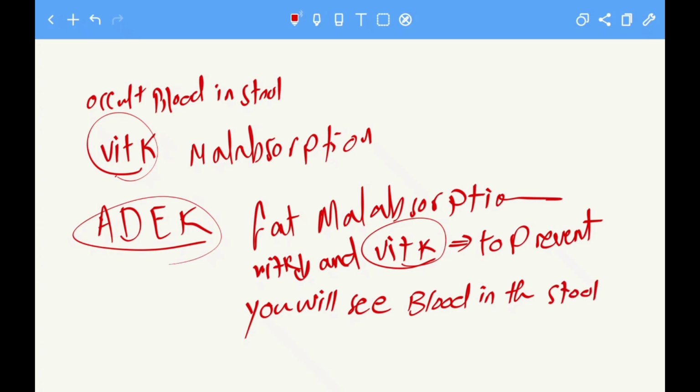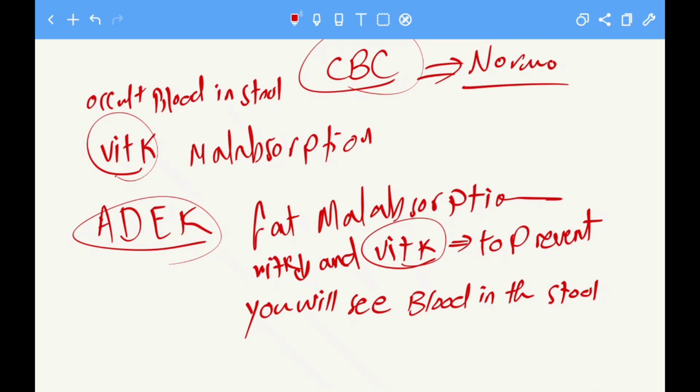By the way, CBC will show macrocytic anemia. It is the most common, but you may find normocytic normochromic anemia due to bleeding from vitamin K deficiency. Normocytic anemia can also occur in persistent inflammation.